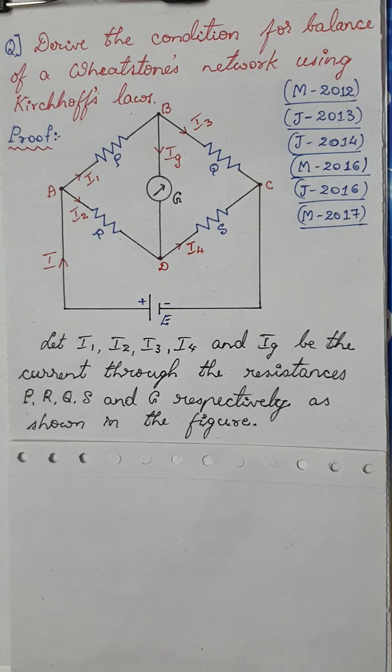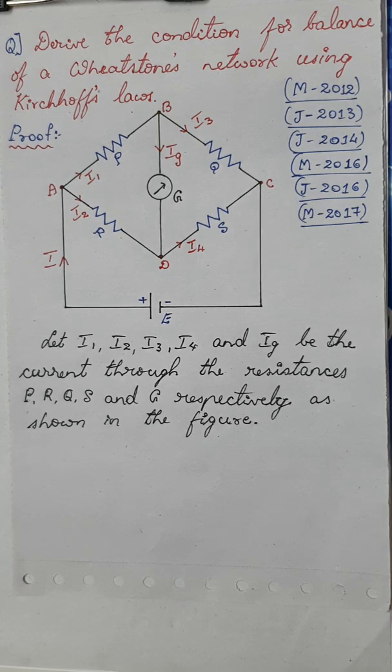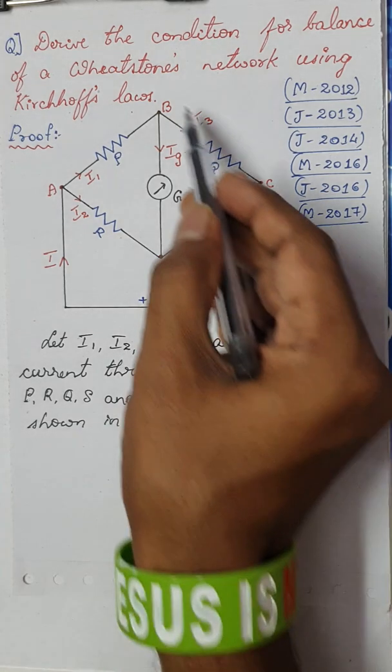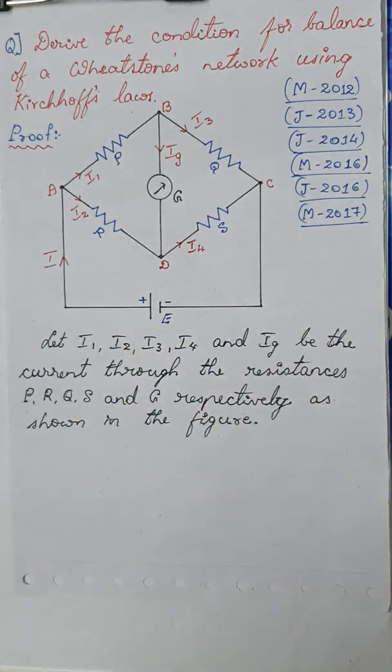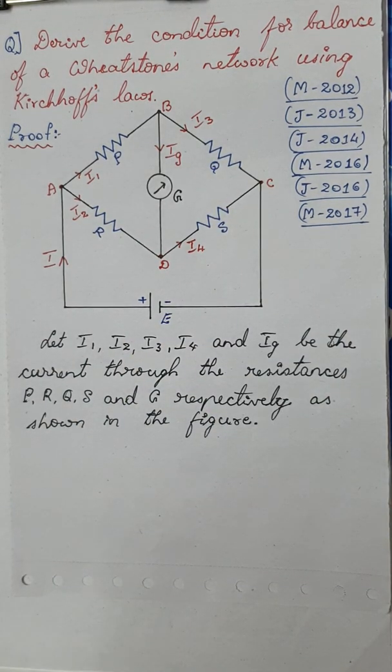Okay, now we will directly go on using the Kirchhoff's laws. And one more thing, dear students, kindly note down the direction of the currents, because current is a vector, direction matters. So how do we start the derivation?